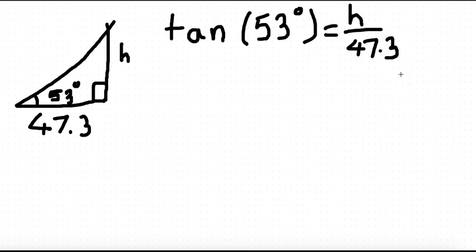And to solve for the height, multiply both sides by 47.3, and you get the height is equal to 47.3 multiplied by the tangent of 53 degrees.